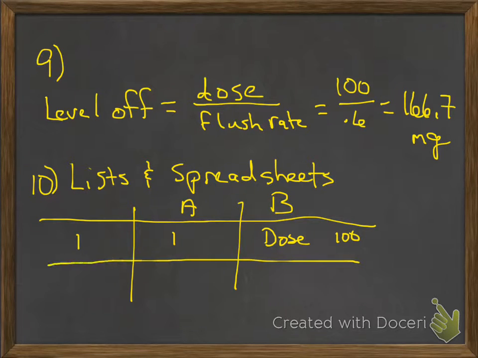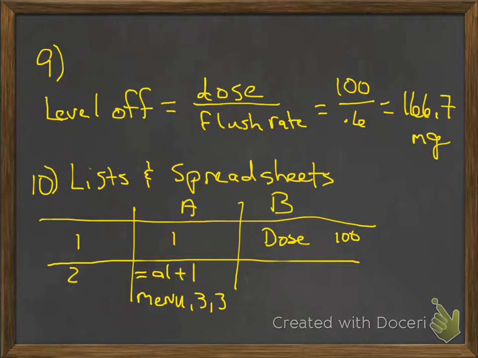Then in row 2, I'm going to put equals A1 plus 1. Once I press enter, I'll go back up to that cell and then press menu 3, 3, and then just drag it down for as far as you need to go. According to some people that have already taken the test, you might need to go all the way down to 40 to get to the answer.